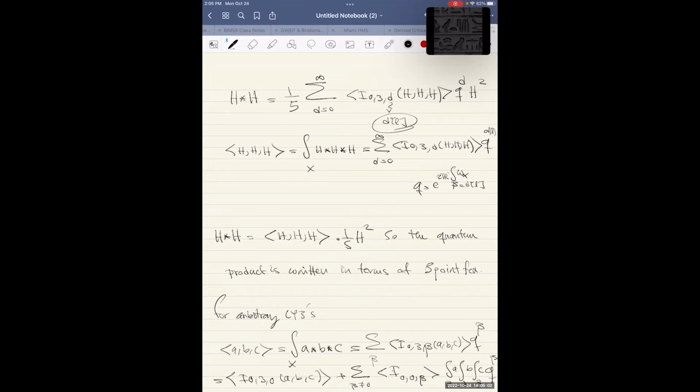All right, what else can I say? Maybe a remark is the following. We did discuss this before, but here is a remark on coefficients in the quantum product.